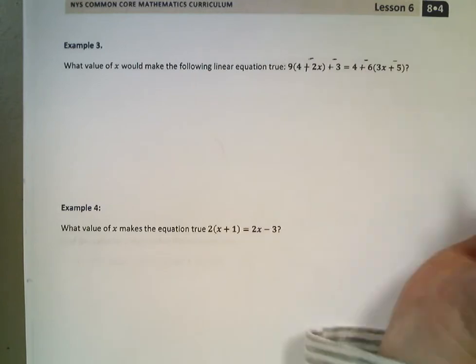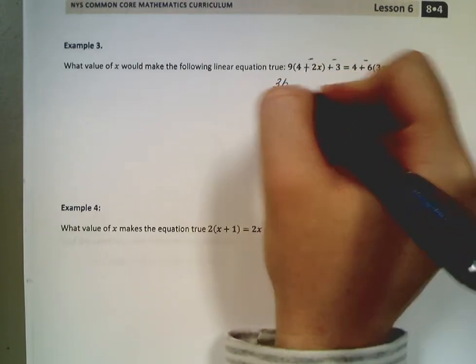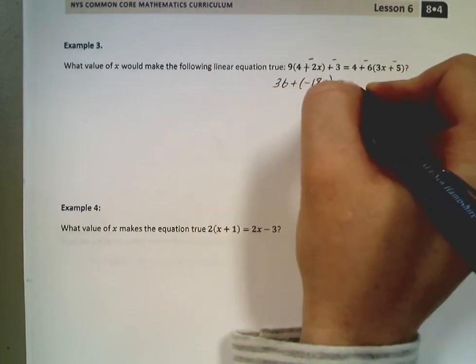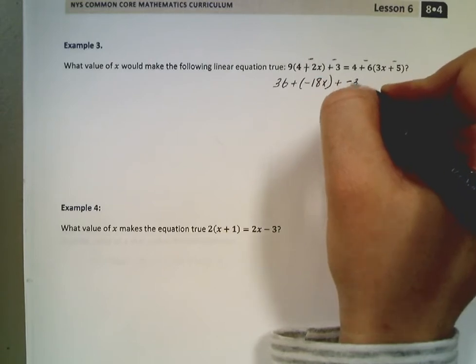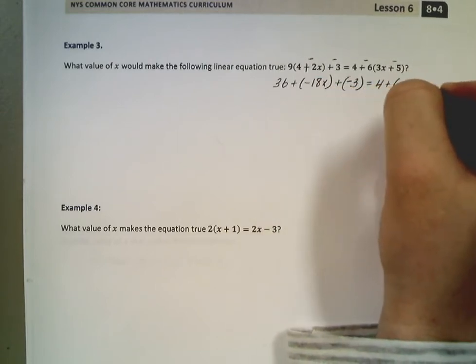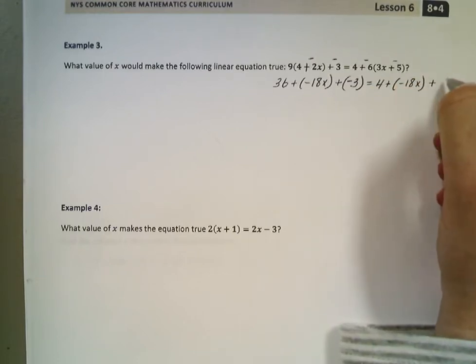All right, so opening the parentheses. 9 times 4 is 36 plus negative 18x plus negative 3 equals 4 plus negative 18x plus 30.